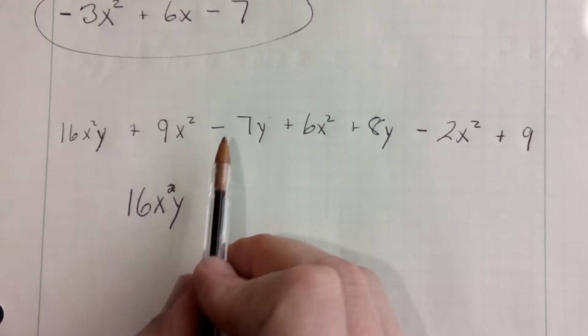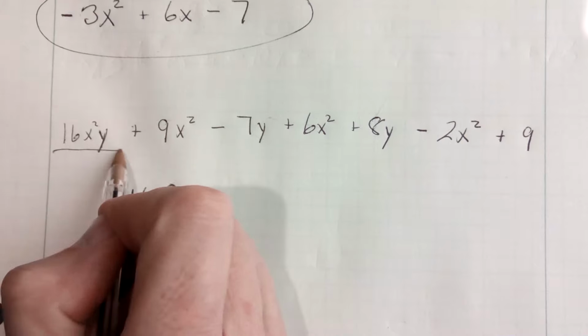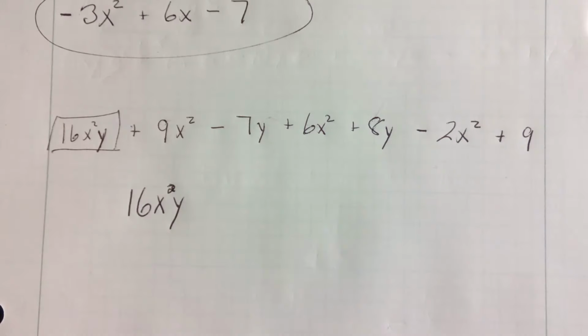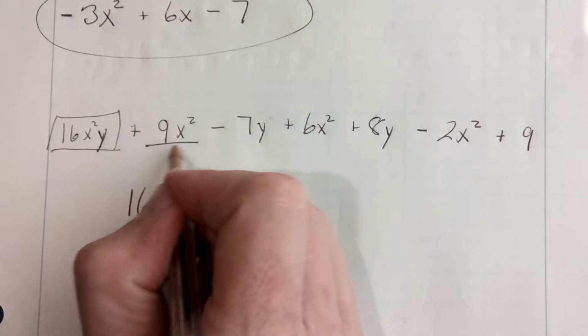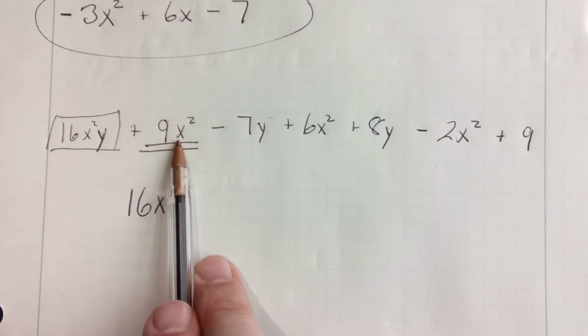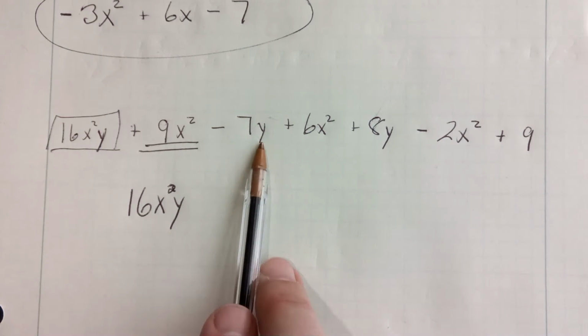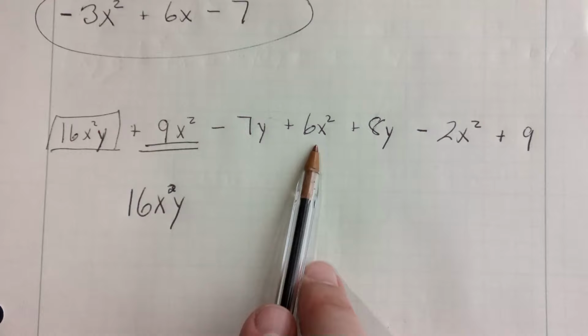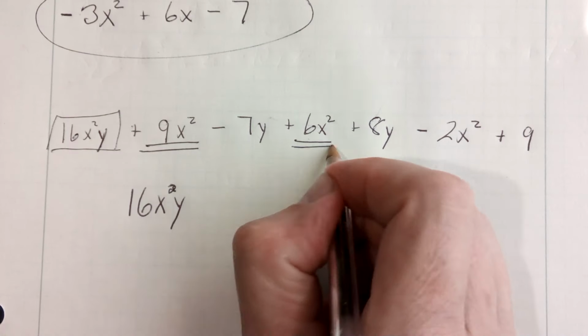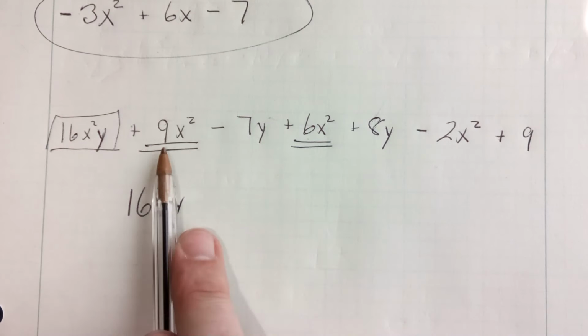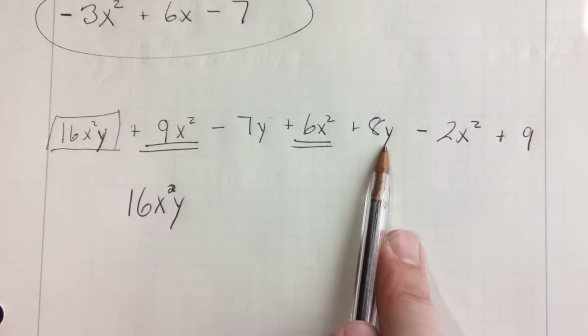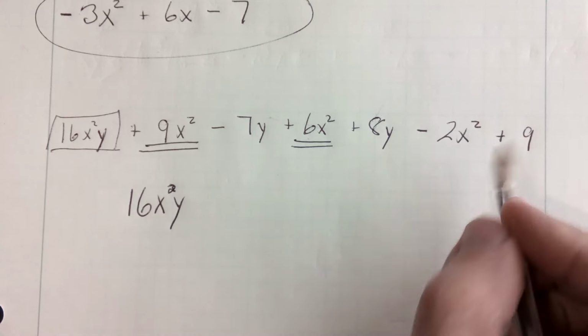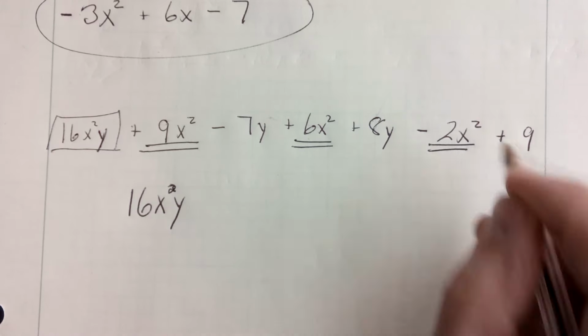Now I'm going to move to the next term. So maybe I'm going to box that and say that was all by itself. Now I'm going to underline this 9x squared, and I'm going to look down for all the x squareds. Well, that's not an x squared. Oh, there's an x squared, so maybe I'll underline that one, saying that is a like term with this one. That doesn't have an x squared. Oh, but that does. There's another x squared.